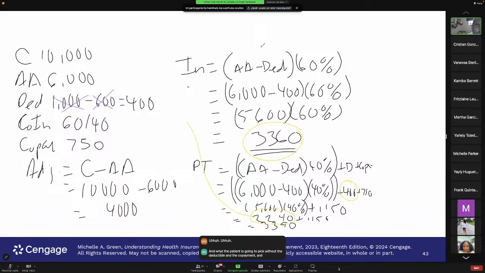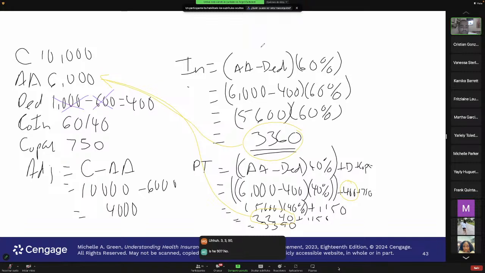If you add those two, it should give you the allowed amount. But it's 6,800. Is it? If you add both, let's try it, 3,360 and 3,390.